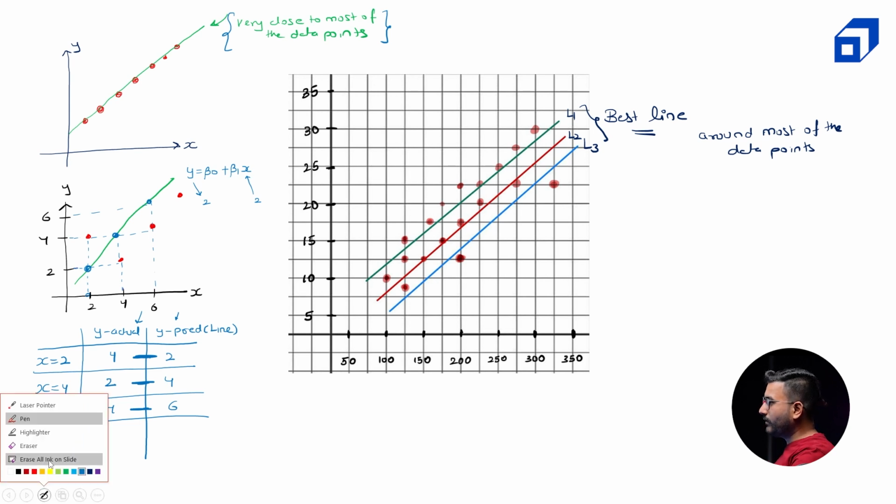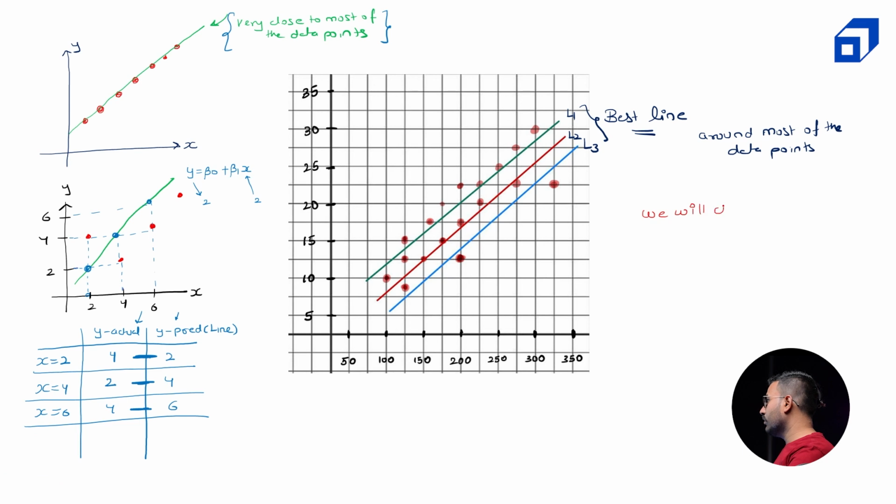So the point is, we will choose that line as the best line for which the difference between actual and predicted is minimum.